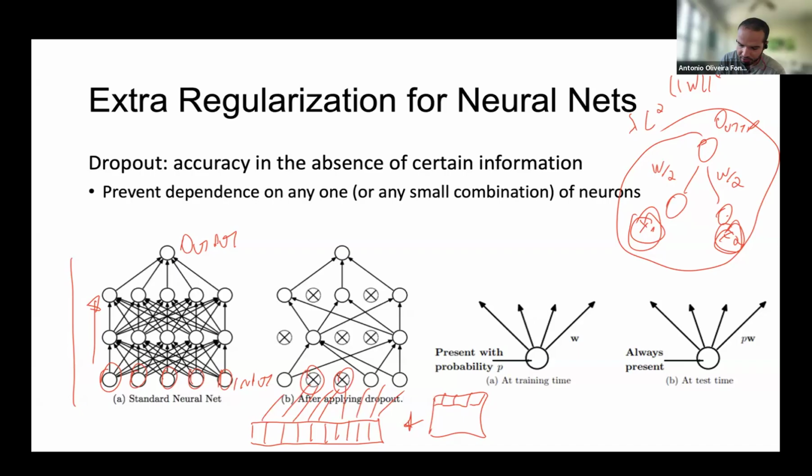Let's say that I have a soccer ball here. Although I have many pixels within the soccer ball that could be used to classify it as being a ball, I don't want just one or two pixels within the ball to describe it as a ball, because there is information included in this whole area. So every time that I do a pass, I just use a few of these pixels to make a prediction.